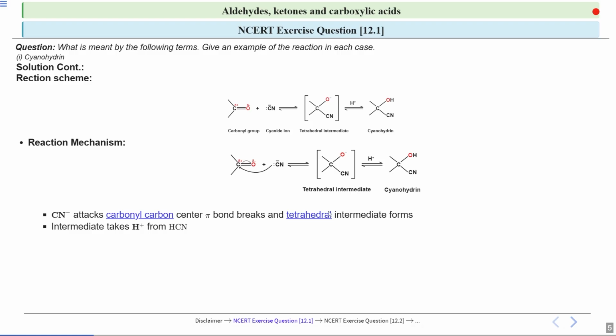So this is how, from a carbonyl compound, when you attack it with CN minus ions or cyanide ions, you get cyanohydrin. So we can say that a cyanohydrin is a compound with both an OH and a CN group attached on the same carbon. Okay, is it clear?